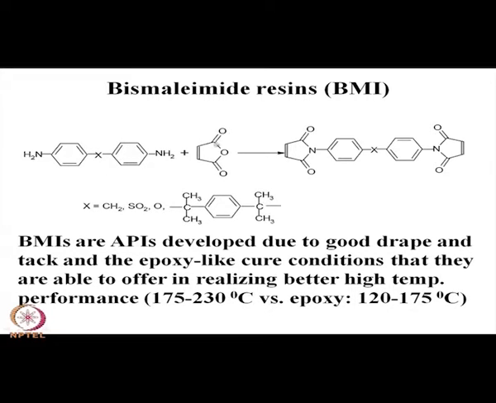Then take the maleic anhydride, this is maleic anhydride. This maleic anhydride in dry condition can react with this amine group in melt condensation reaction, forming this polyimide. Okay.